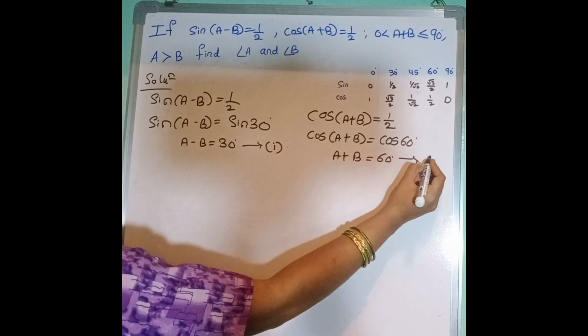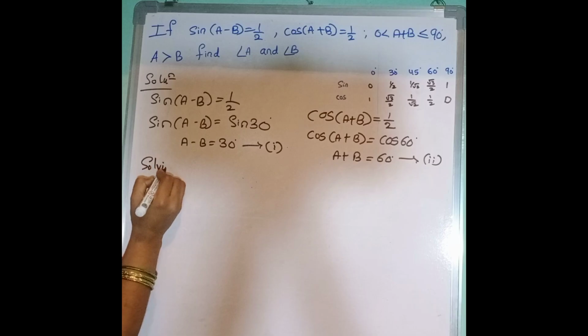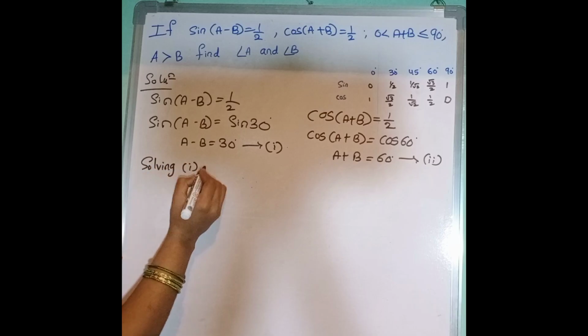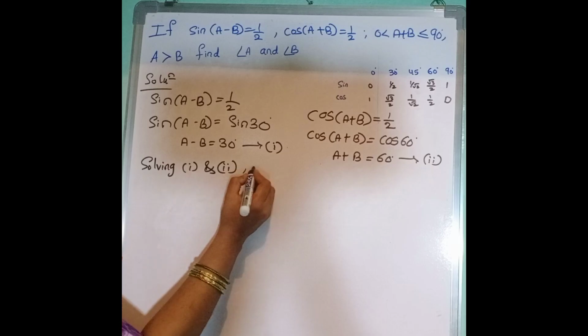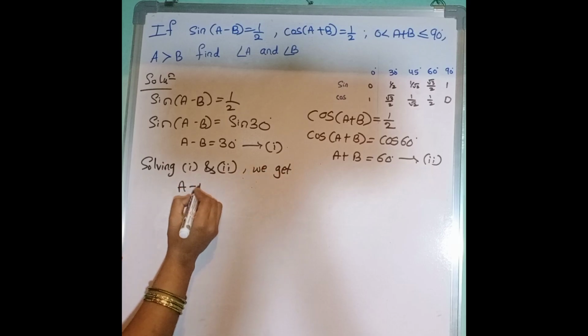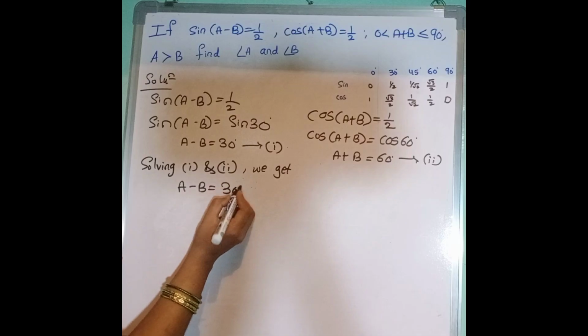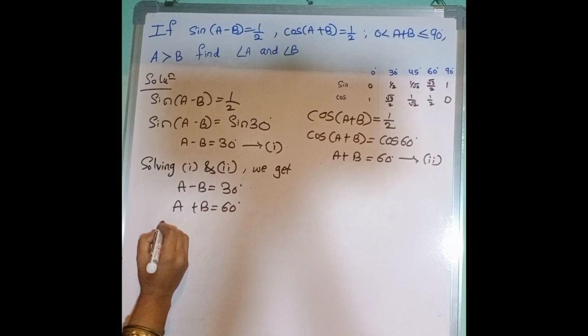Write this as 2. On solving 1 and 2, we get A minus B is equal to 30 degree, A plus B is equal to 60 degree.